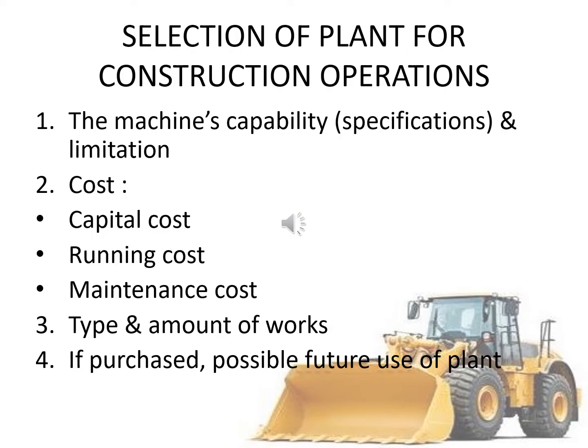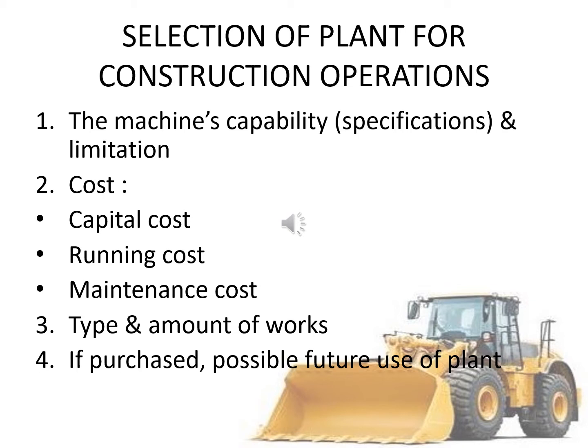There are 4 selection factors of plant for construction operations. First is the machine's capability or specifications and their limitation. Second is cost. There are 3 types of cost to consider.